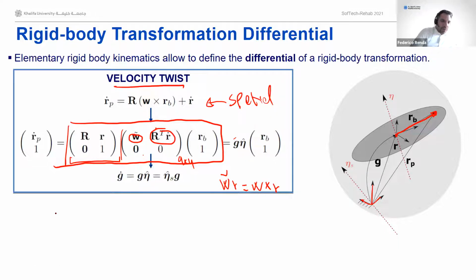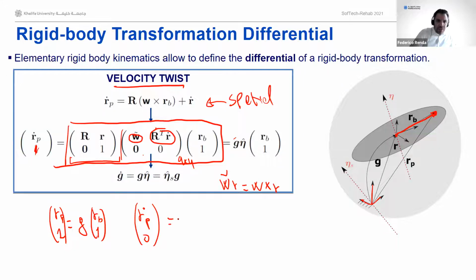But if you recall, we have also written down this equation here. Now let's take the time derivative of both sides. We have RP dot 0, so there should be a 0 here, I guess. RP dot 0 is equal to G dot, and the 0 here as well. Sorry for that. No, sorry, this is 1, pardon.